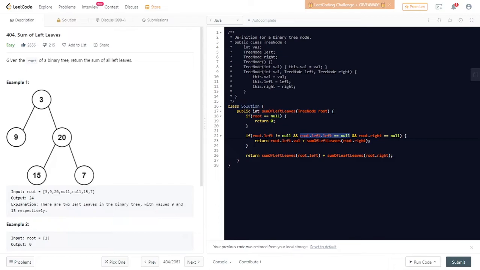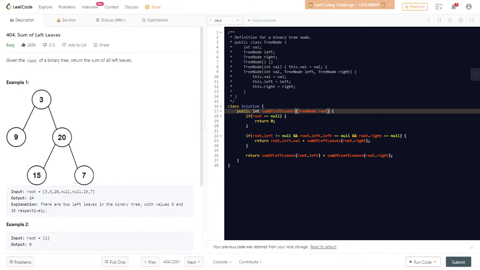Again on the right subtree it checks if root dot left, on this subtree now 20, 15 and 7, is not equal to null. When we are recursively passing root dot right into the sum of left leaves, we are passing this right subtree into the function. So now 20 is the root.